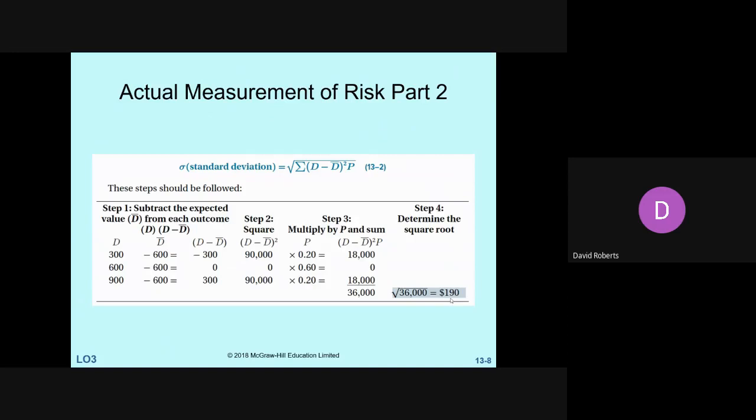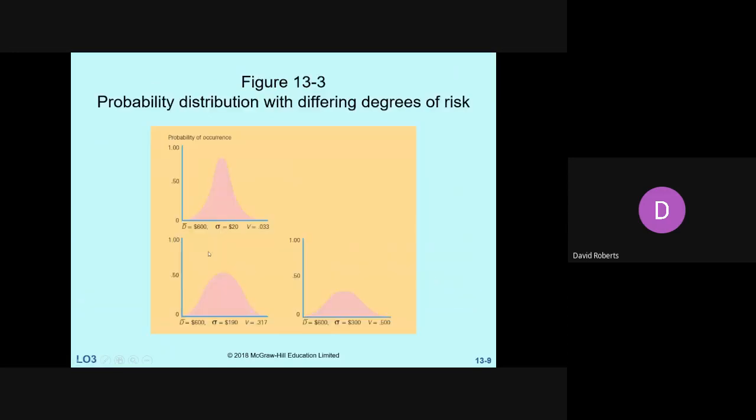You would be familiar with that from statistics class, where you have a mean and a standard deviation. That's what this does. We'll go through several of these examples from the book. You can see the V, the coefficient of variation, which is where you take the standard deviation and divide it by the return.